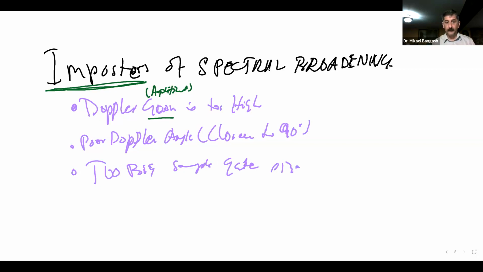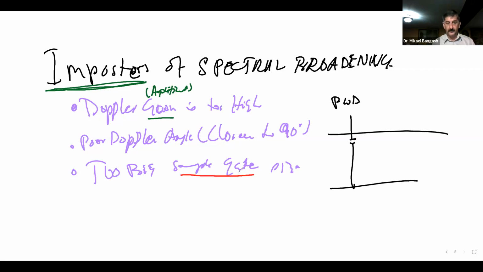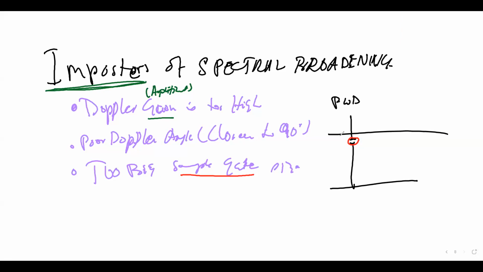Now, if you remember, when we talked about pulse wave Doppler, we said whenever we turn on a pulse wave Doppler, we get a sample gate, which is this fellow here. Clear? Is that clear? Yes. Good.